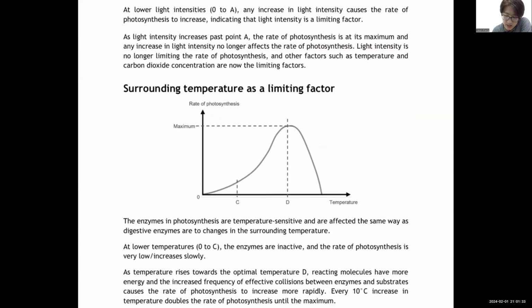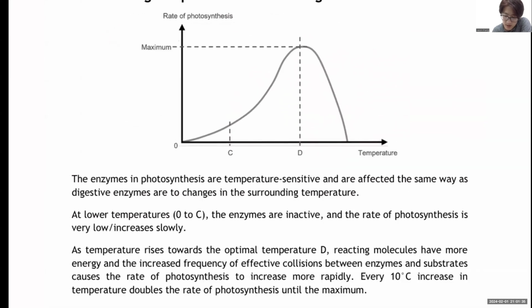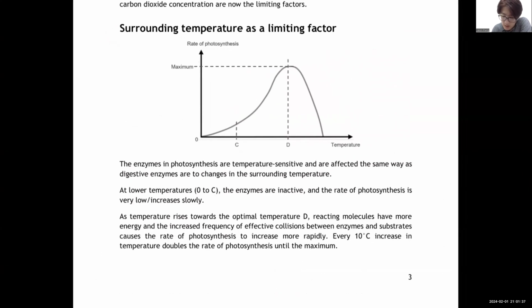Now, temperature is the next one you need to learn, but the shape is very different. The most important thing I want to draw your attention to is enzymes in photosynthesis. Always remember, photosynthesis involves enzymes.